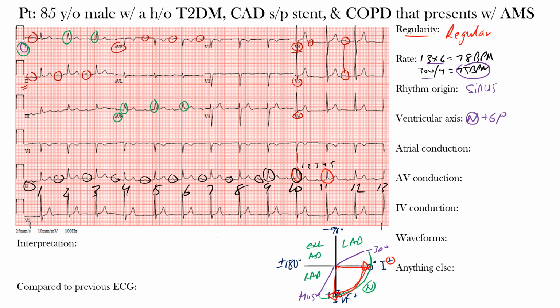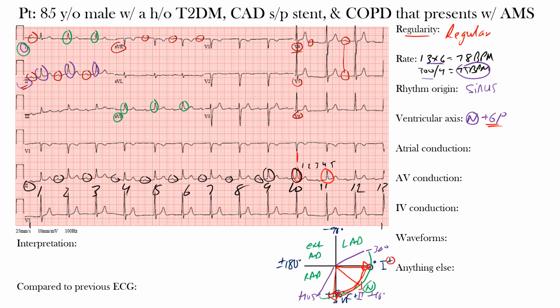So automatically we can tell that we're within normal axis. And if you were to put lead 2 here, which we don't have to, but just so I can show you, there's lead 2 that sits at positive 60 degrees. Lead 2 again has almost all monophasic upright R waves, so you can see it's heading in this direction. Remember, the axis here was positive 61, which makes sense. So this is a normal ventricular axis.